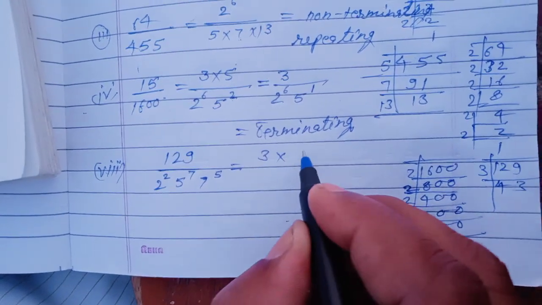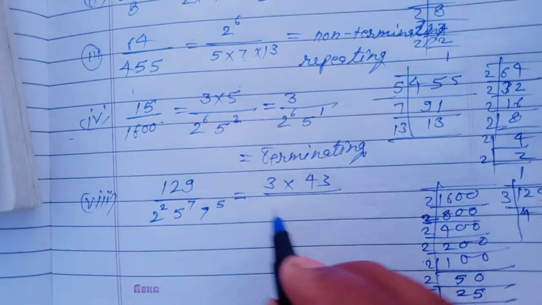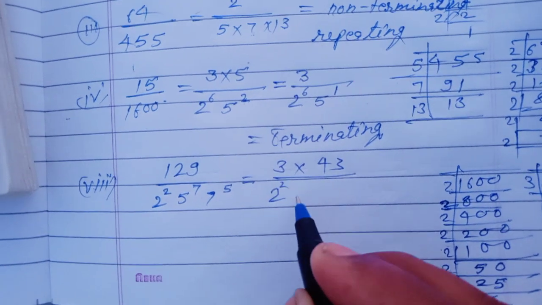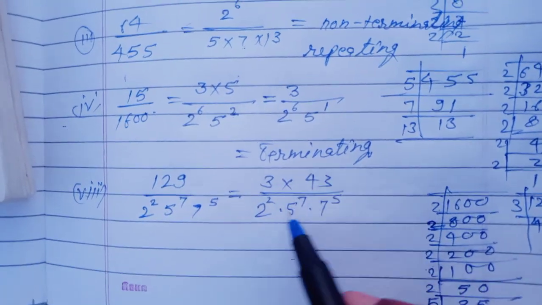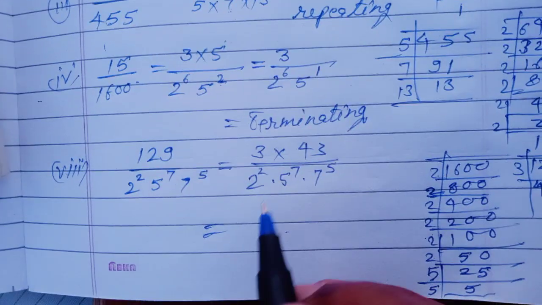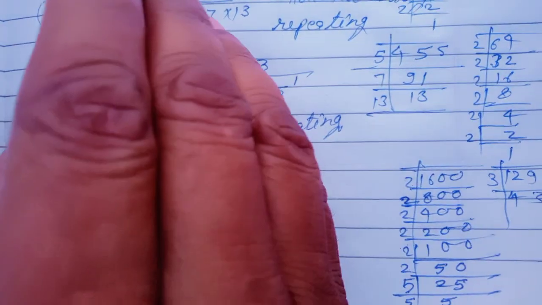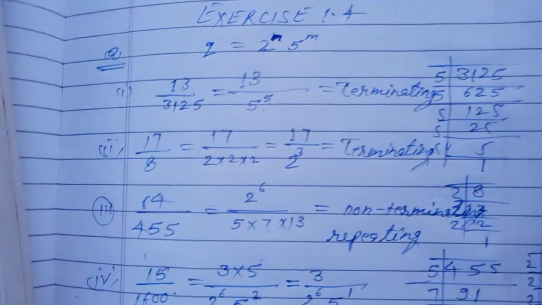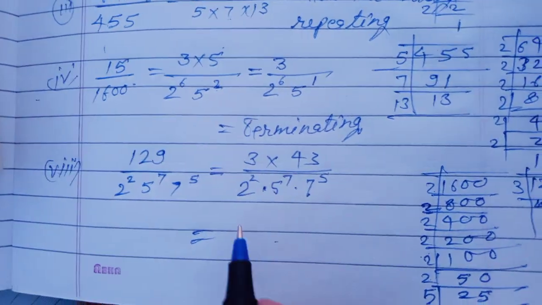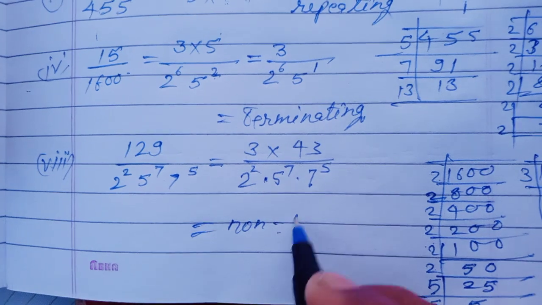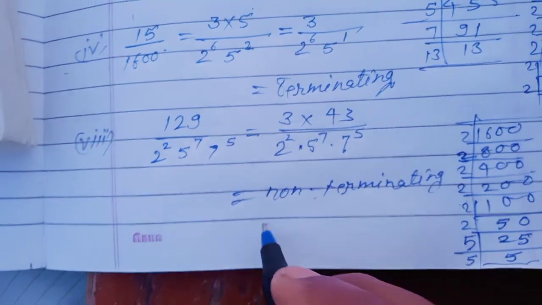So this is 3 multiply 43, and the denominator is 2 square 5 power 7 into 7 power 5. There is no common factor in numerator and denominator, and we see that the denominator is not in the form of 2 power n 5 power m, so its decimal expansion is not terminating, non-terminating repeating.